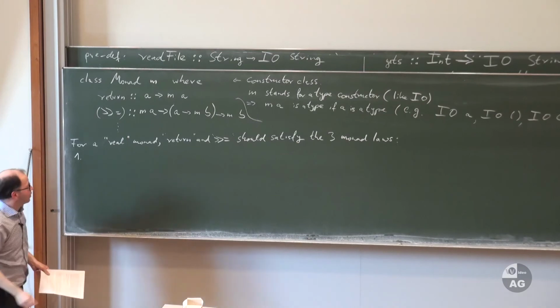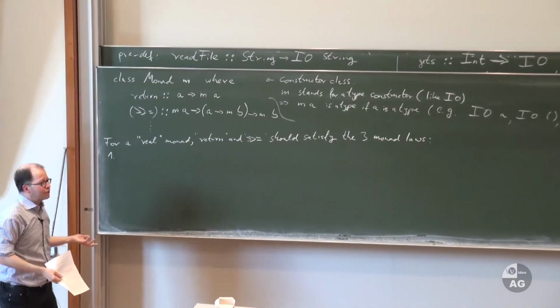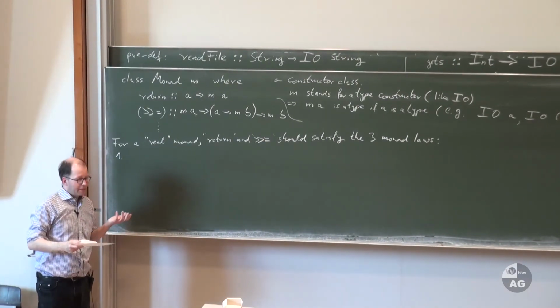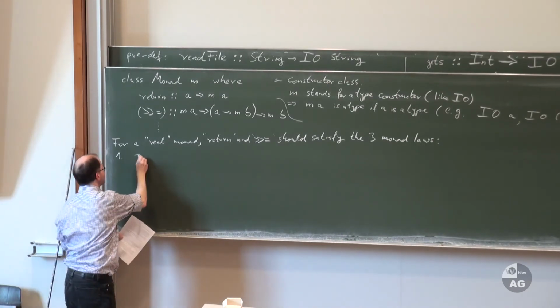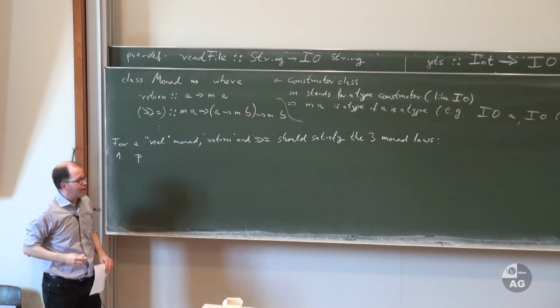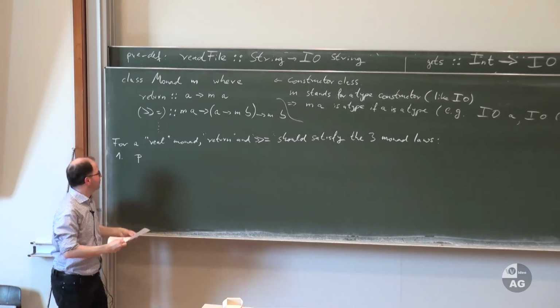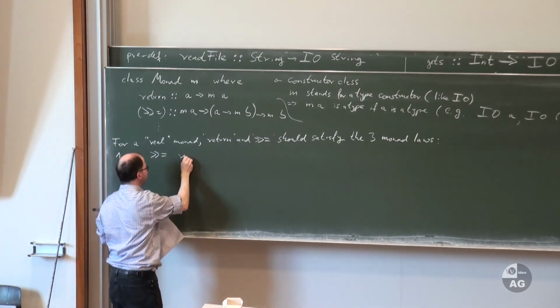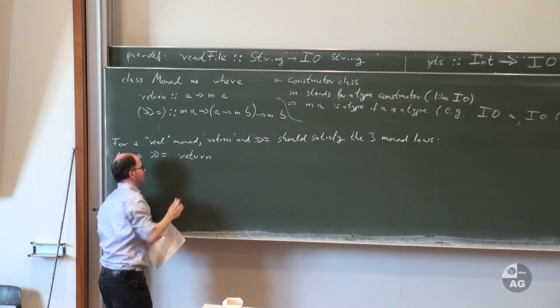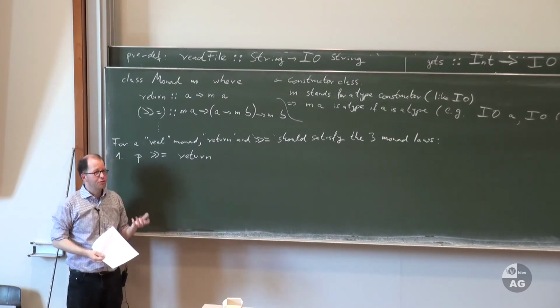So the first monad law says that return should be the right neutral element to bind. So in other words, let's think of I/O. If you have an action P and you bind it to return, then this should be the neutral element.